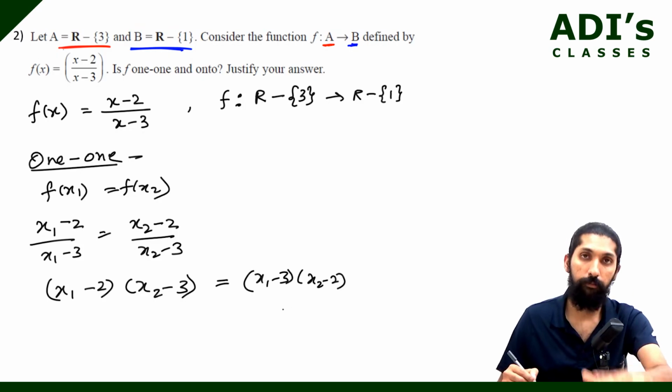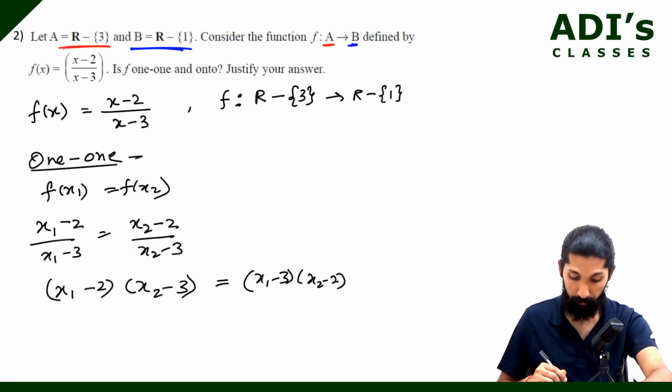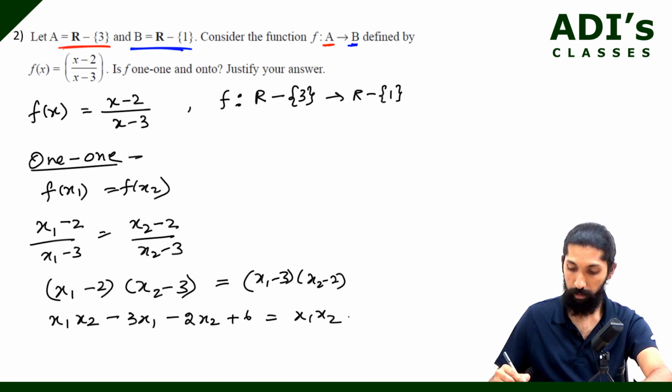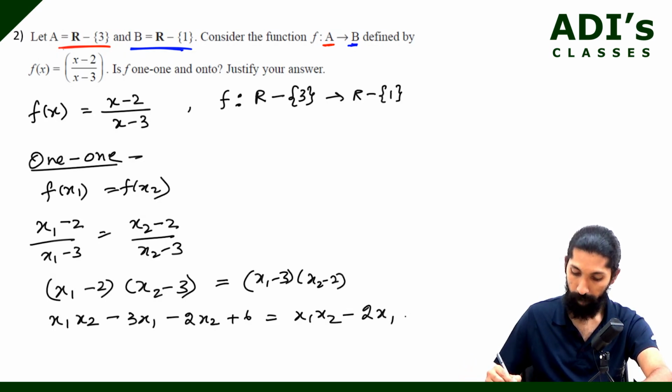What we have? Multiply: x1 x2 minus 3x1 minus 2x2 plus 6 is equal to x1 x2, oh sorry, minus 2x1 minus 3x2 plus 6.